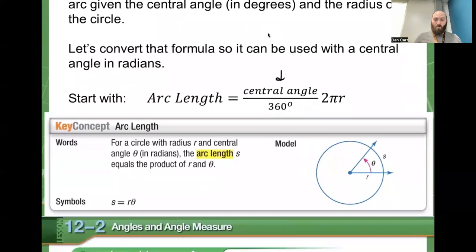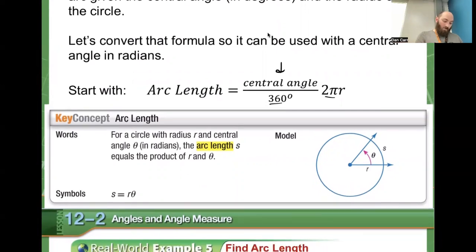The reason why is if we think about the idea of the central angle over 360, if we convert this, for example, if we have 2 pi and 360 there, 2 pi over 360 is one complete circle. That's almost in terms of radians right there. So if I take 2 pi divided by 360, then what I really get is this: arc length S is the product of r and theta, as long as theta is in radians.